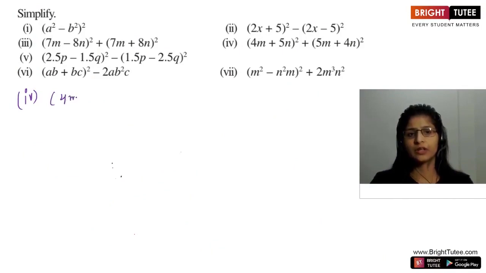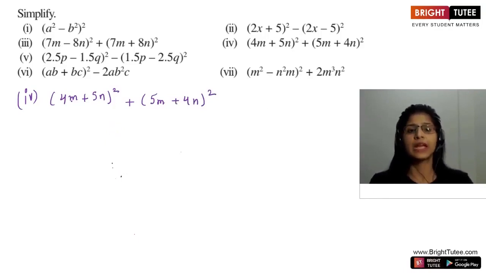We are given (4m plus 5n) whole square plus (5m plus 4n) whole square. So what is the identity that we are going to use? We are going to use a plus b whole square in both of them.